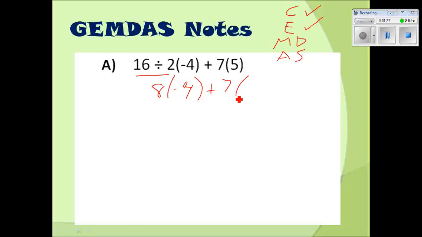And I still have the rest of my problem. Next, left to right, now I have some multiplication. I have 8 multiplied by a negative 4. Multiplying, I get a negative 32. My rules tell me that that must be negative.